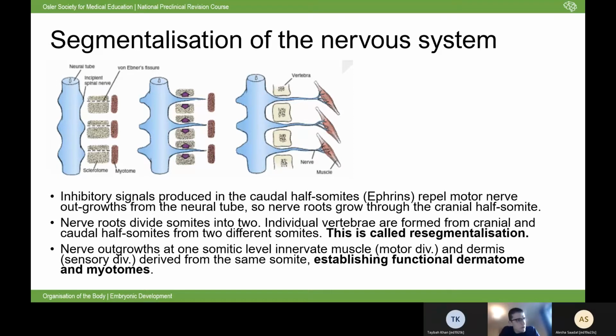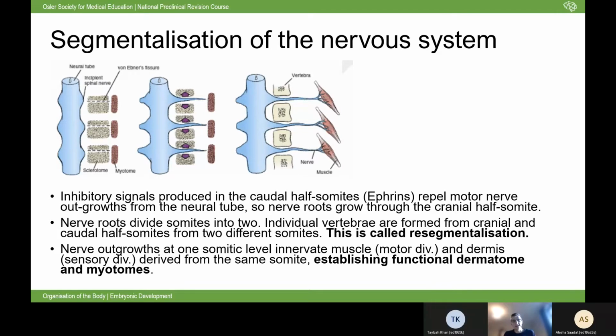But I've misspoken again there, because the nerves are actually not allocated to a single somite, but rather as the nerve fibers grow through the somite, they dissect it in two, and you get a process called resegmentalization, where two half somites, the bottom half of one somite and the top half of the somite next to it, fuse together, and that's the unit that will give rise to a single vertebra in the spinal cord.